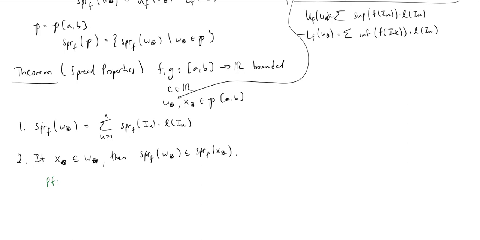So this basically comes because the F spread of W we know is equal to the difference of the upper sum minus the lower sum. But we know when you get a refinement, the upper sum has actually gotten smaller.